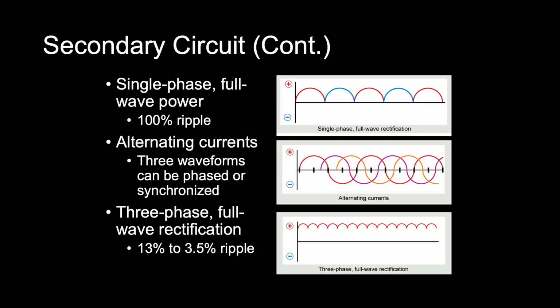With a bit of engineering, you can use these 3 waveforms that can be phased or synchronized. Each is generated independently and then phased so that each one is 120 degrees out of step with the next, or out of step by 1/3. The result is a waveform like the one shown in the middle figure, and this is the alternating currents.